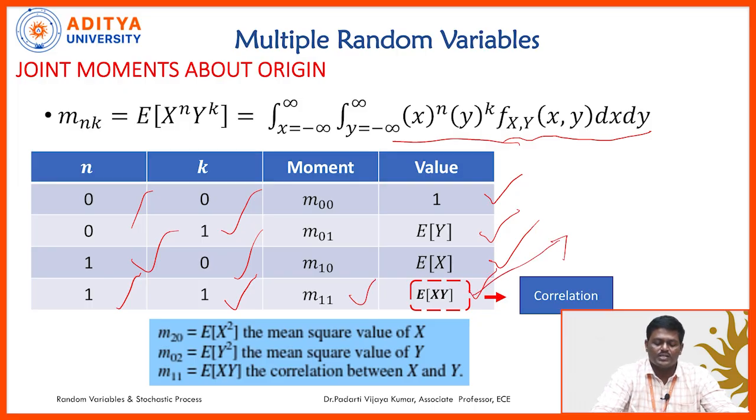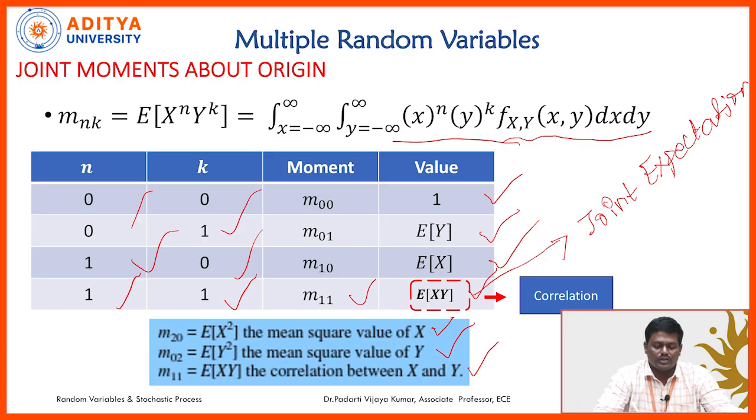This we call joint expectation, or sometimes specifically correlation. Correlation is a measure of similarity between two random variables. If two random variables are correlated, its correlation coefficient will be 1. Similarly, other significant orders are m 2 0, which gives you the mean square value or average power of x, and m 0 2, the mean square value of y, the average power of y.